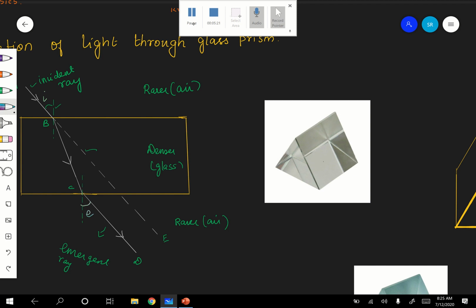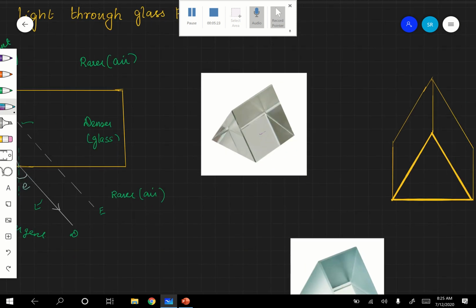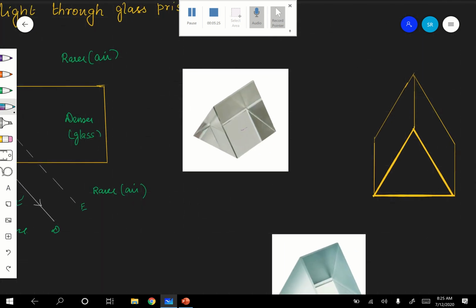See, this is plane. The same prism, let me show side by side. Here it is bounded by two plane faces. These are all plane faces, this one and this one.